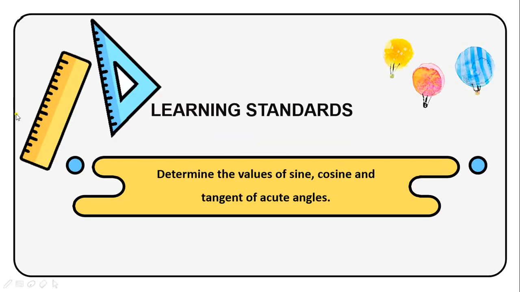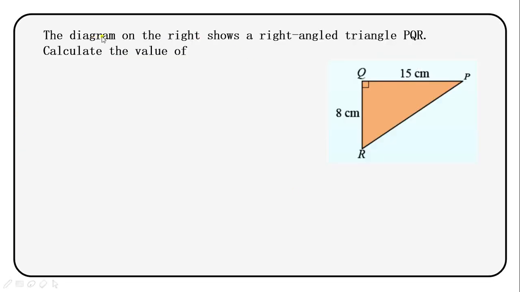Next, our learning standard. To determine the values of sine, cosine and tangent of acute angles. Okay, the diagram on the right shows a right angle triangle PQR. Calculate the length of PR.